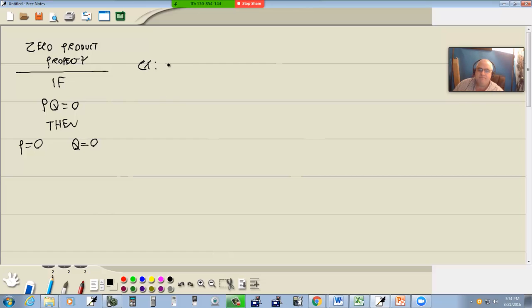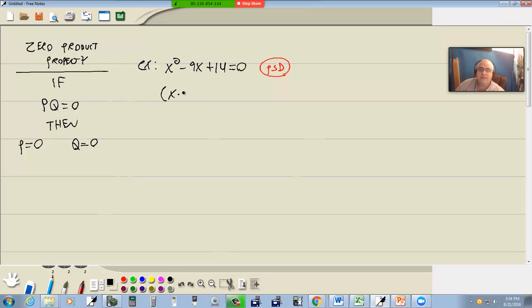For example, if I have x squared minus 9x plus 14 equals 0, and I'm wanting to solve this using the zero product property. First off, you have to have 0 on one side. If you don't have 0 on one side, you have to work to get 0 by itself. Then we want to factor the other side. Well, this factors using PSD.